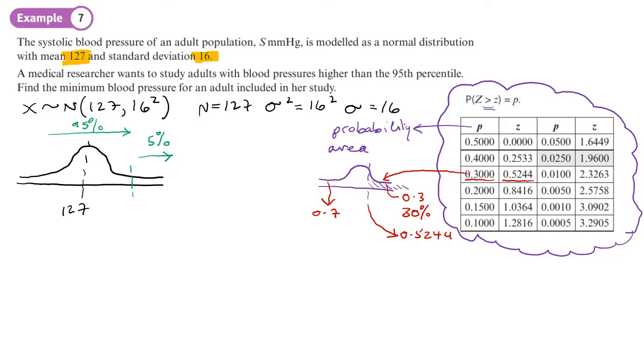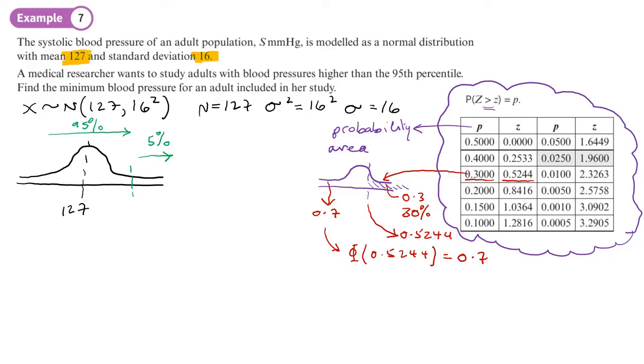So an area of 70% on the left hand side, the left tail, would also have the same value of Z. So you could also say that the area up to 0.5244 is equal to 0.7. So this percentage points table is the opposite way round to the Φ of Z function.